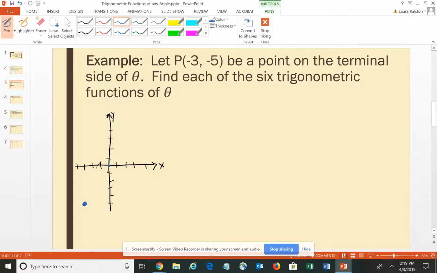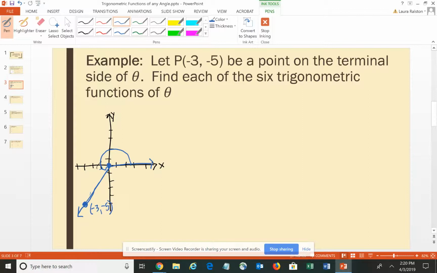We know that the center of my circle is at the origin. The initial side would be on the positive x-axis, and then we rotate around to this angle. And this point here is -3, -5.